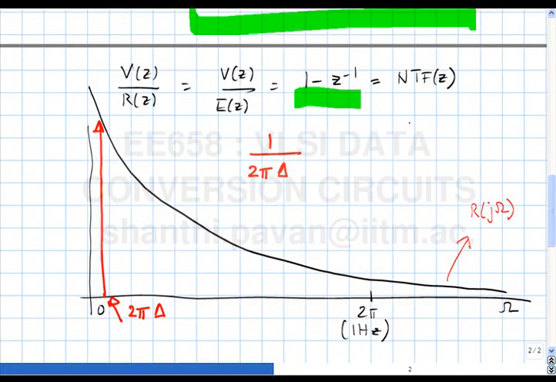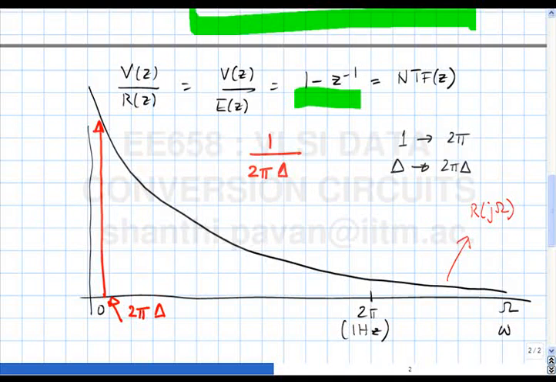Come on people. 1 hertz goes to 2 pi radians once you sample. So 2 pi delta goes to 2 pi delta. Since the sampling rate is 1 hertz, the frequency axis can be interpreted as either continuous time or discrete time. It happens to be the same number.